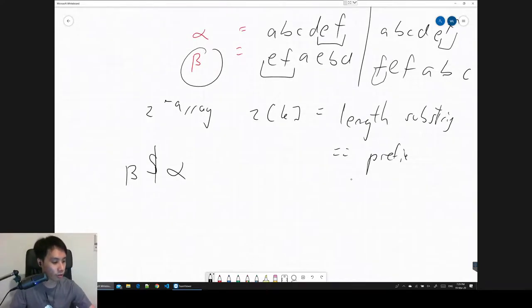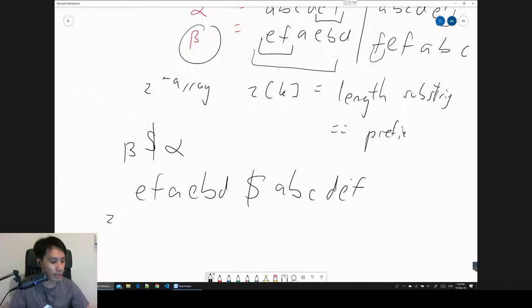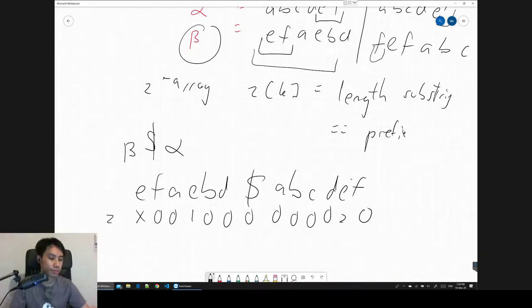So for example, if I were to use the first set of example, E, F, A, E, B, D, dollar sign, A, B, C, D, E, F. If I were to fill out my Z, it will be, not important, 0, 0, 1, 0, 0, 0, 0, 0, 0, 0, 2, 0. Right.